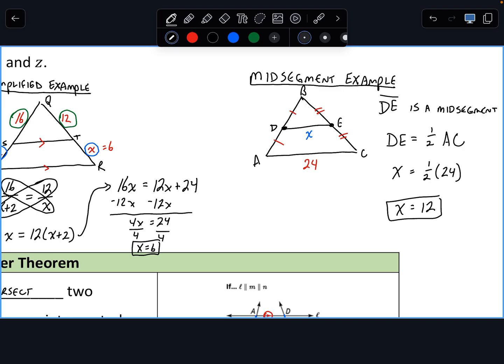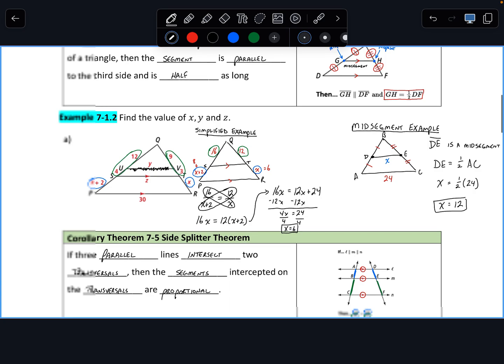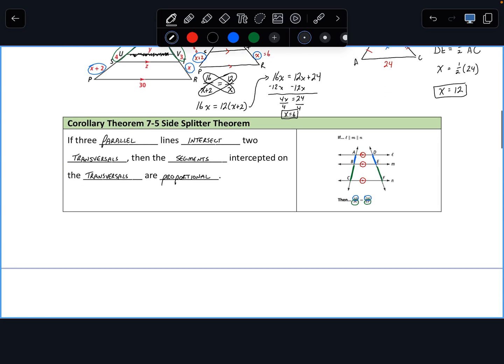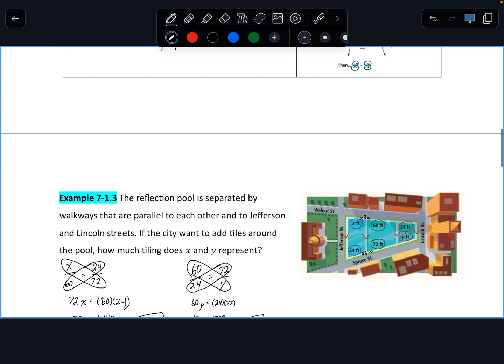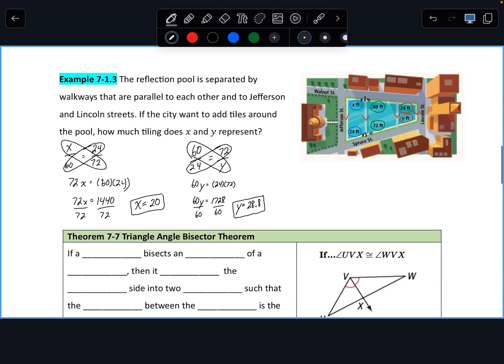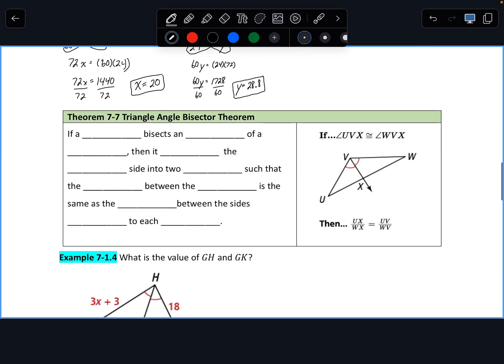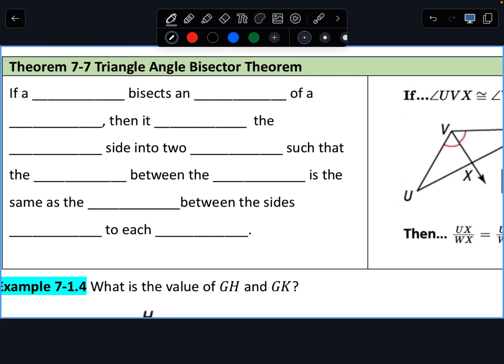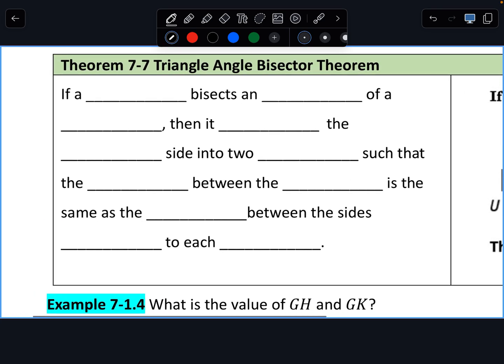Okay, and then the last proportionality that we're going to deal with does not deal with parallel lines. Okay, parallel lines create proportional segments. But another geometric feature that creates proportional segments is an angle bisector.